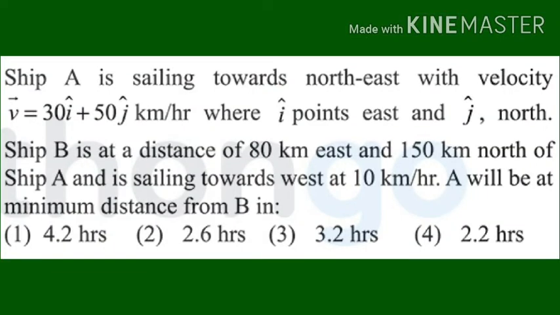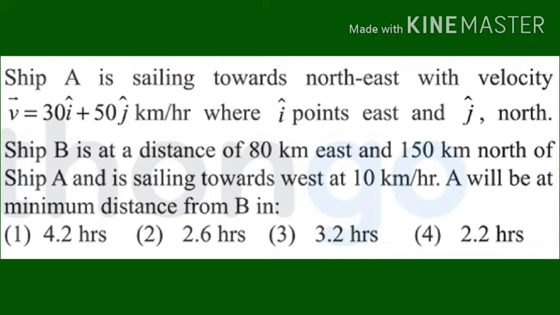Now we are taking the last question of today's session. This is little tricky question. You have to pay more attention to such questions. Ship A is sailing towards northeast with velocity v is equal to 30i plus 50j km per hour, where i points east and j north.